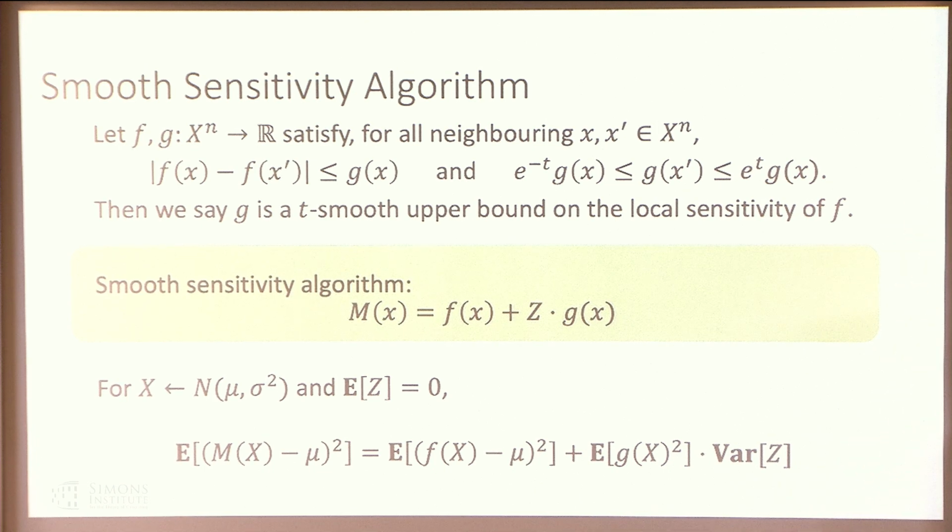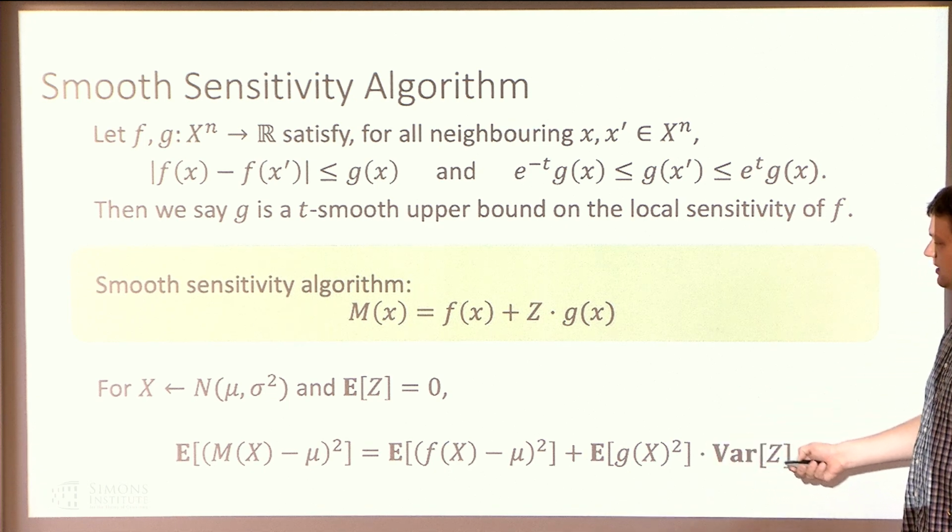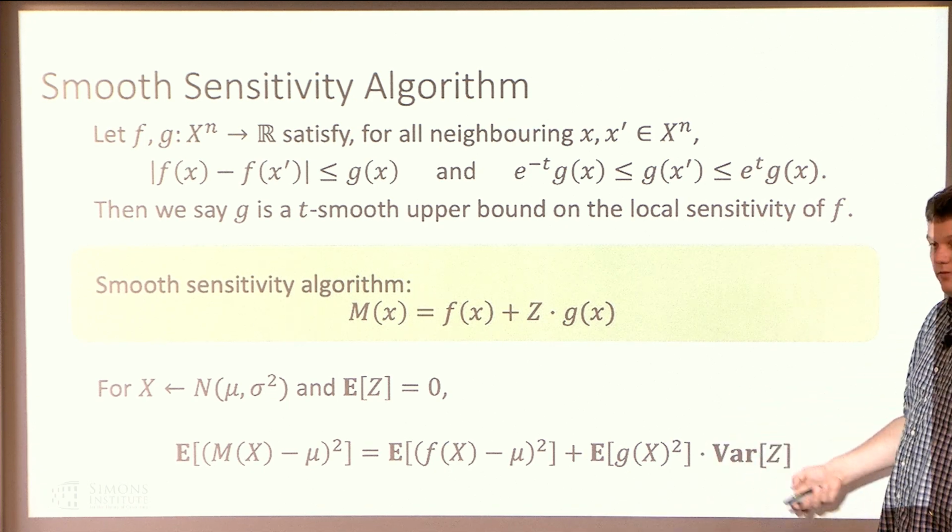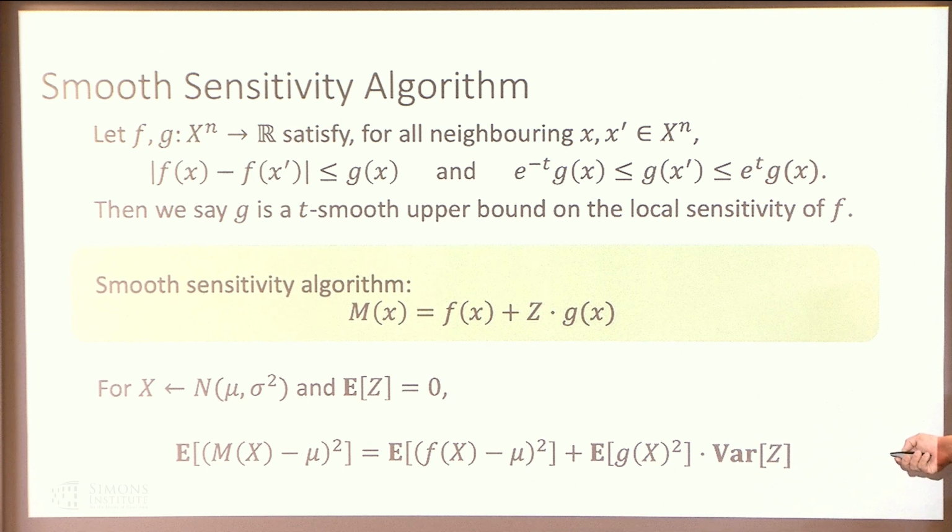So let's analyze the mean squared error of this guy. And it turns out to factor very nicely. The mean squared error of this algorithm is the mean squared error of f, which is the trim mean, plus the variance of the noise we're adding times the expected smooth upper bound g. Okay, so that's the non-private thing.